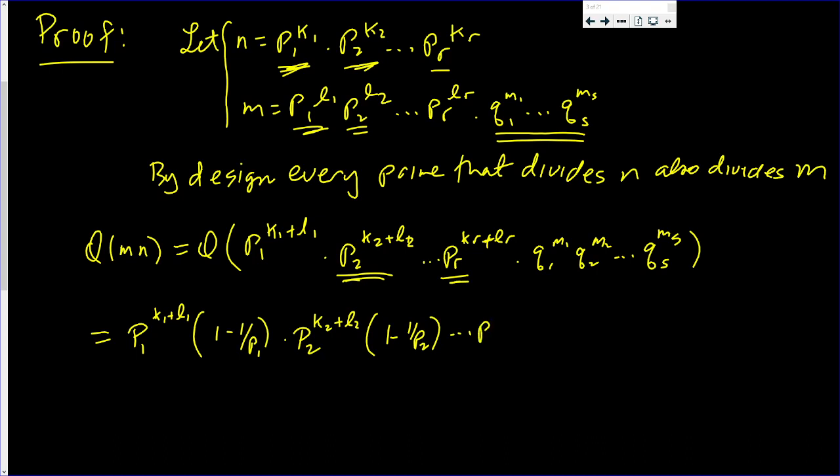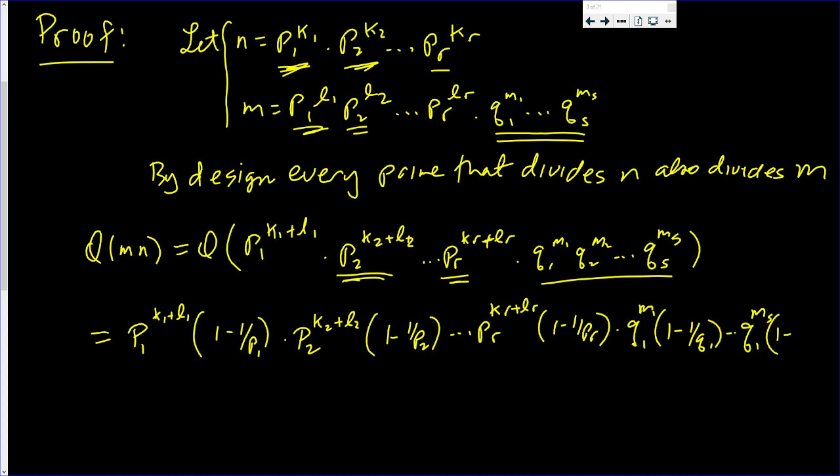We get p sub r to the k sub r plus l sub r times 1 minus 1 over p sub r, times the q's: q1 to the m1 times 1 minus 1 over q sub 1, all the way up to q sub s to the m sub s times 1 minus 1 over q sub s.